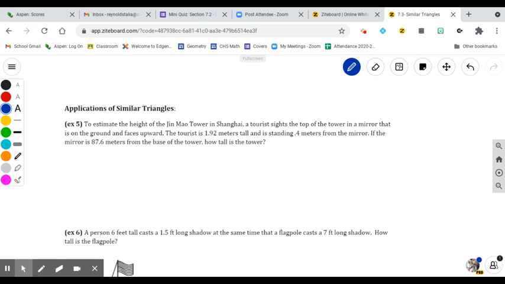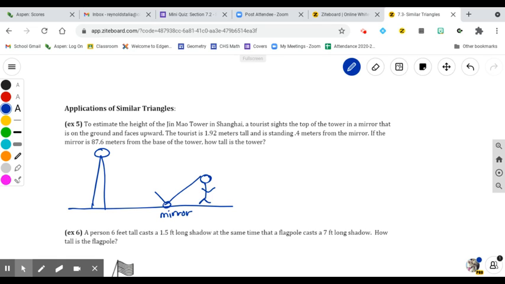So you might not know this, but if you say this is the tourist standing there, and you put a little mirror on the ground and you look in the mirror, and here's the tower that they're trying to find. I don't know if that's what this tower looks like, but let's pretend. If they're trying to estimate the height of this tower, you can put a mirror on the ground and either walk towards the mirror or away from the mirror until you see the top of the tower in the mirror.